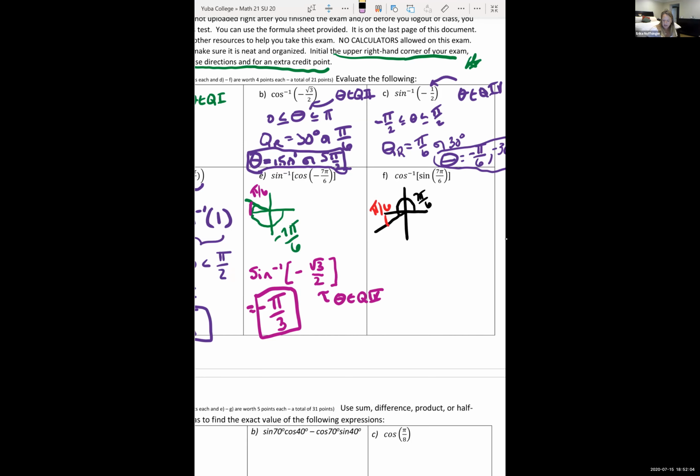And this time we're looking at sine of 7 pi over 6. Well, sine of pi over 6, sine of 30 degrees, is 1/2. But we're in the third quadrant, where sine is negative. So this is cosine inverse of negative 1/2.